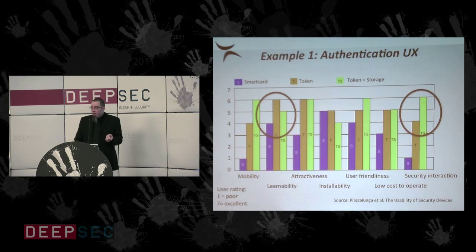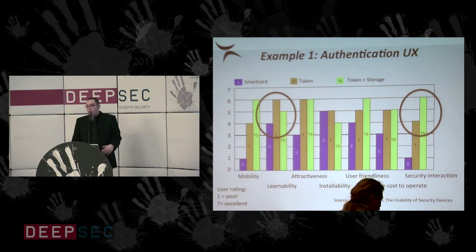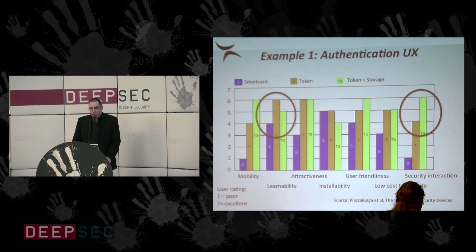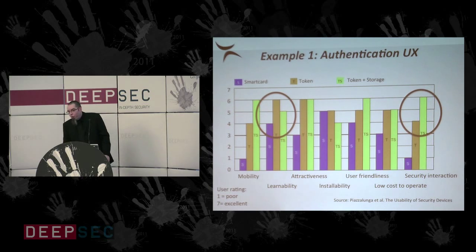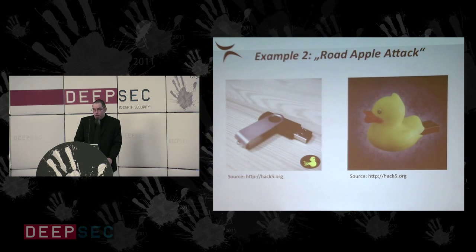And therefore, this user experience factor led to the fact that the token with storage succeeded really great compared to the other authentication mechanisms. So I think this is really a very good example on how to utilize user experience for positive security.